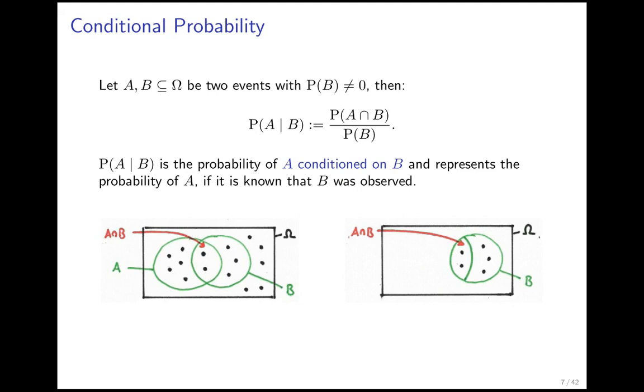And then we define the probability of the event A, given that the event B has happened, as the ratio between the intersection of the two events and the probability of the event we are actually conditioning on. And this formula doesn't tell you much actually, and you can best memorize it with this picture.